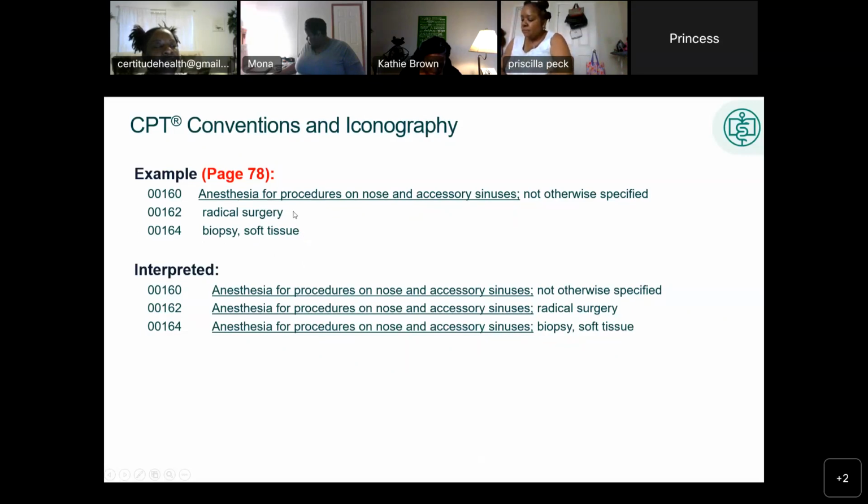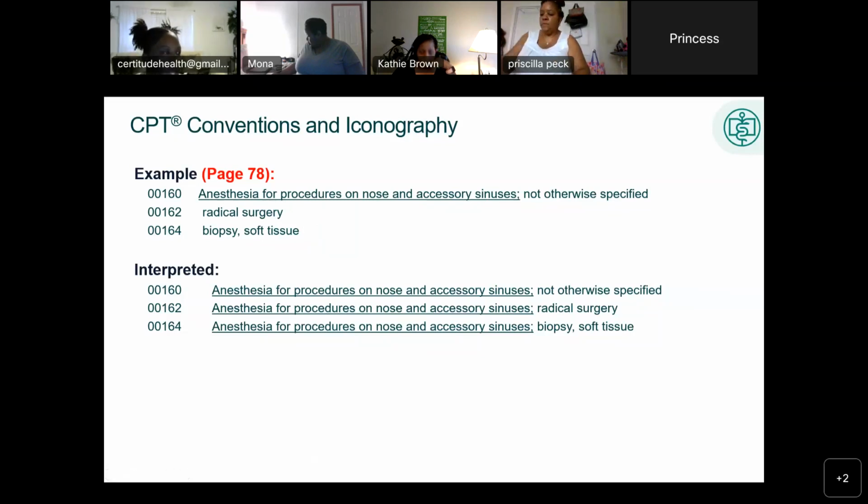So if you didn't have the details of radical surgery or biopsy, then of course your only option would be to select the first code, 00160. But if you had the additional details that told you it was a radical surgery, or that we did this procedure and we also did a biopsy of the soft tissue, you have more code options, the more details that are given.